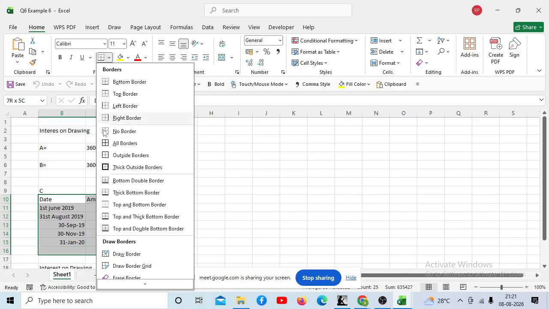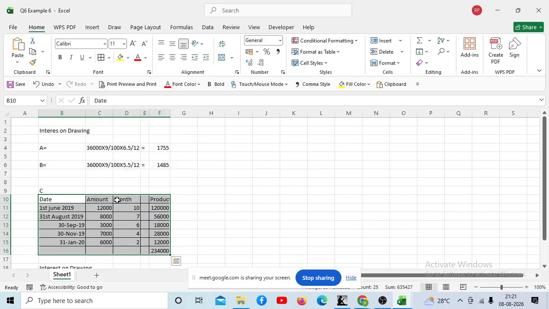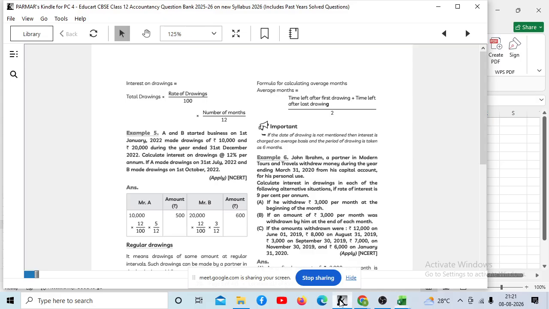Now we will just see the B part, how it will be done. In case of B part also, the drawing amount is 3,000 per month. So again for 12 months it will be 36,000, and the interest rate is 9%, so into 9 upon 100. But now here they are telling that it is end of each month.